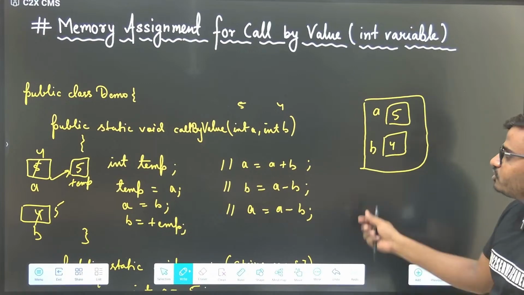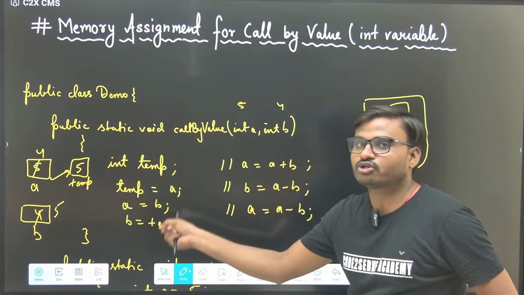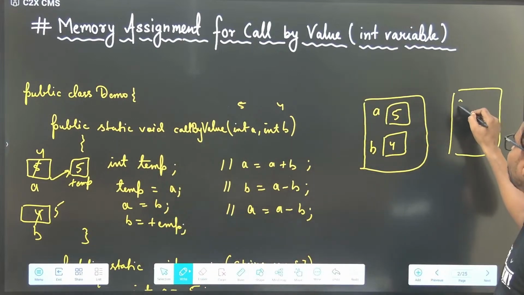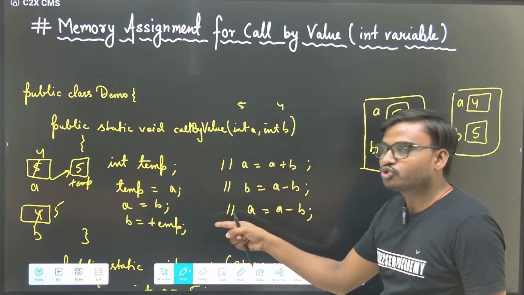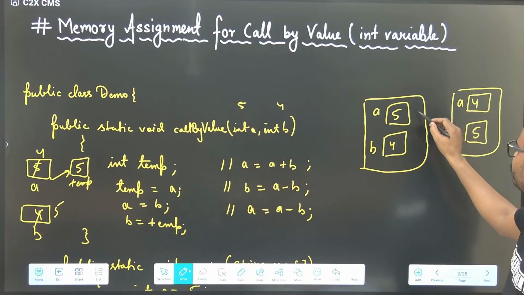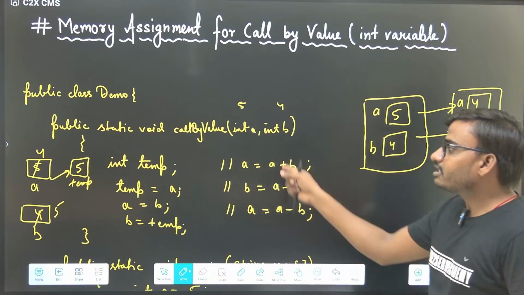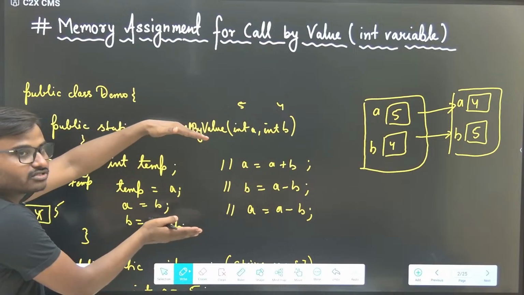After the execution of this, a will become 4 and b will become 5. This is happening only for this scope.